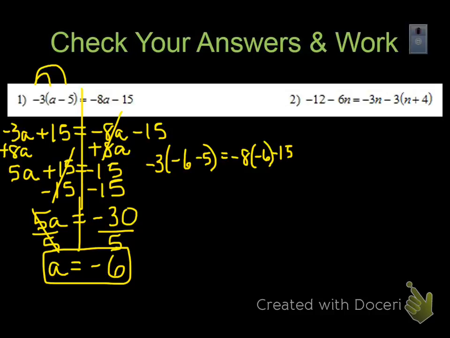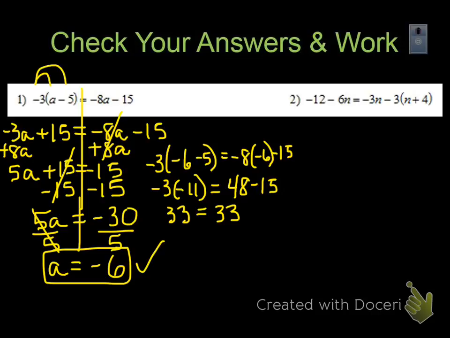So negative 6 minus 5 is negative 11. So this would be negative 3 times negative 11. And on the right-hand side, negative 8 times negative 6 is 48. And that'd be minus 15. Well, negative 3 times negative 11 is 33. And 48 minus 15 is 33. So because I get that true statement when I sub that in, I know that this is my answer.